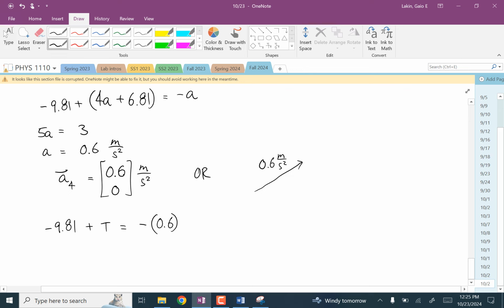And so T is equal to positive 9.75 newtons. Any questions about that? Okay.